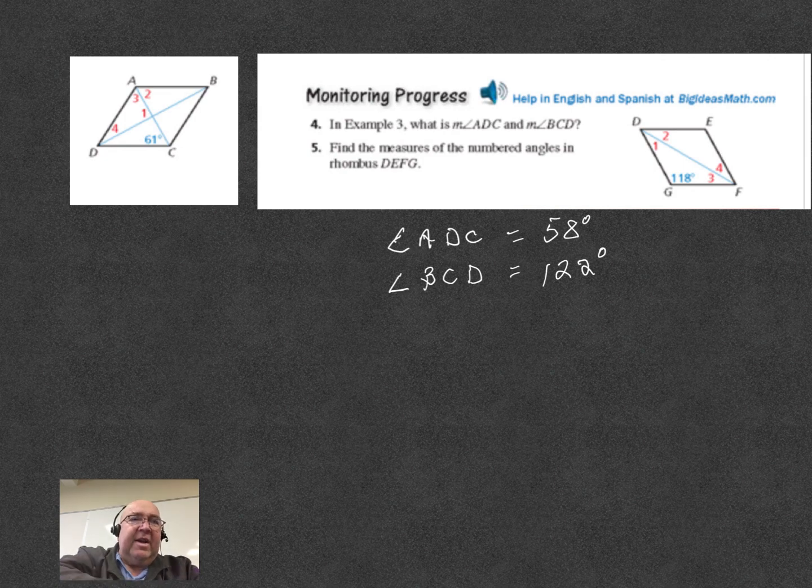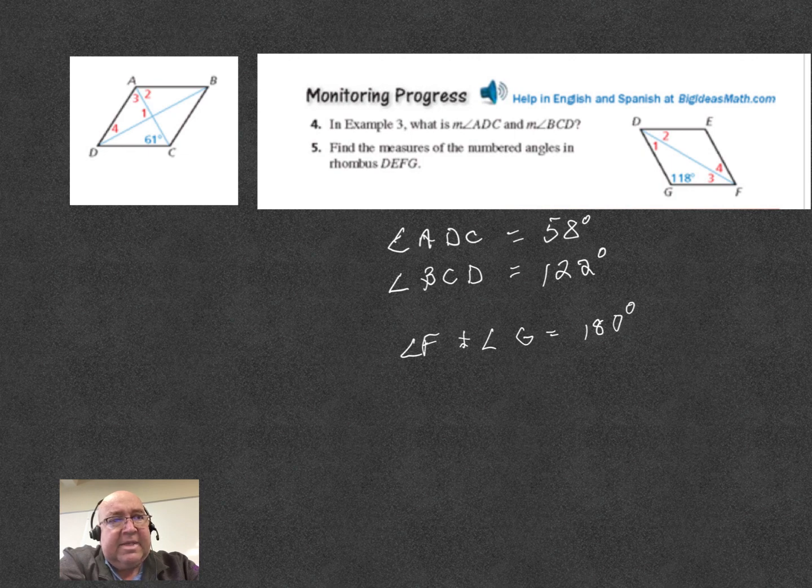Finally, we want to find the measures of angles 1, 2, 3, and 4. By rule, angle F plus angle G is going to equal 180 degrees.